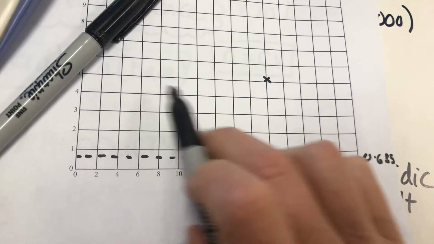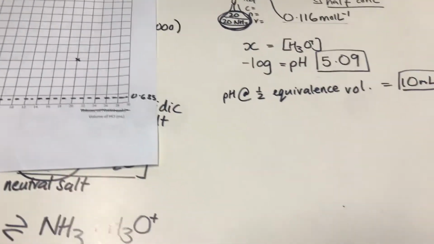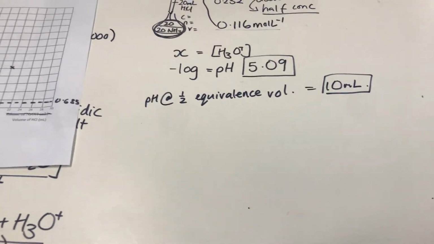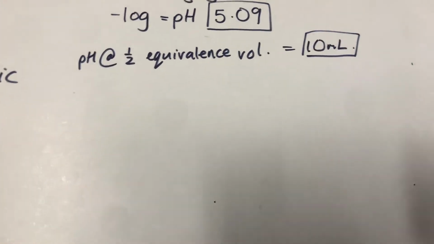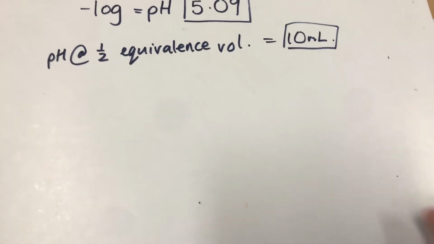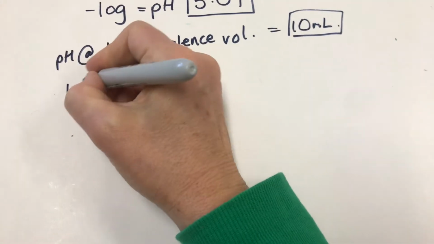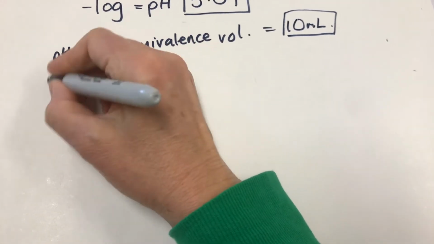So we want another point on our curve somewhere in here. All right, so for this, it's actually quite tricky. In fact, I'm going to make this easy at the end, but I am going to teach you a certain method that is going to help you if you do get a random really tricky question, and that is going to be the ICE method.